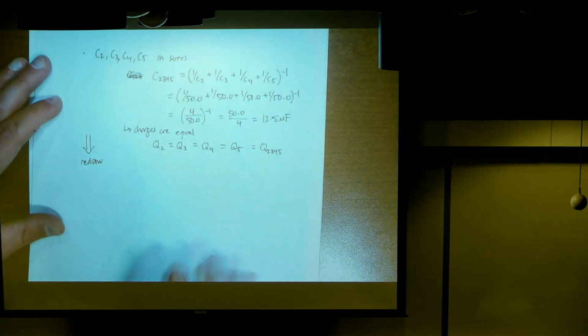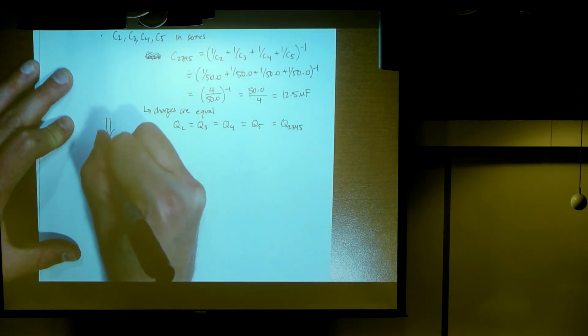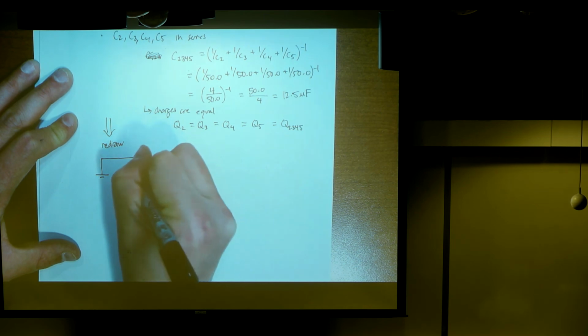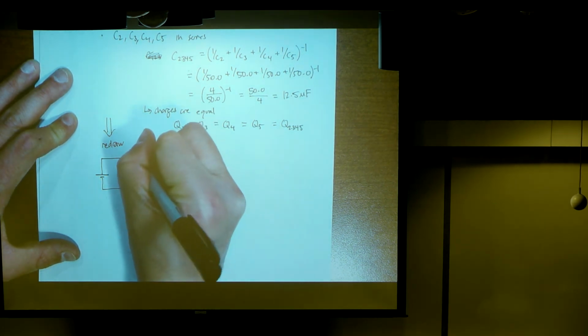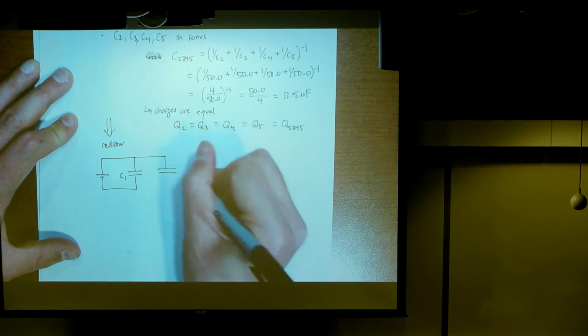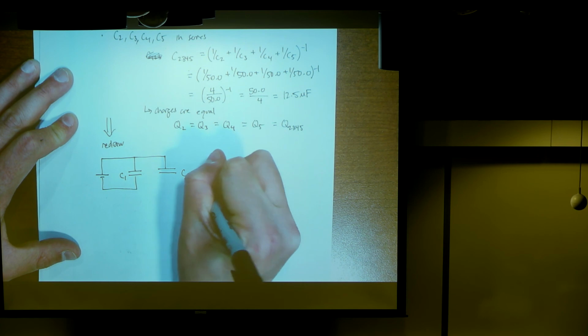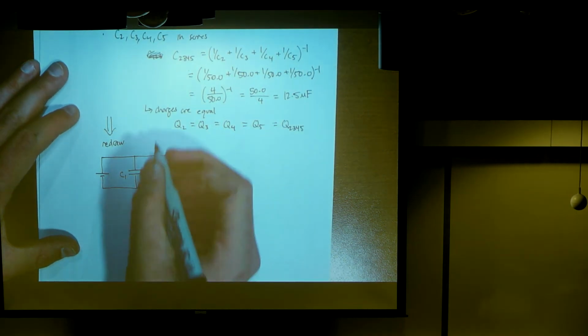So now we have just 2 capacitors in our network. We have the battery here. We have capacitor C1, which we haven't dealt with yet. But in this branch of the circuit, we've combined everything into a single capacitor C2345 like this. And now let's actually label the charges.